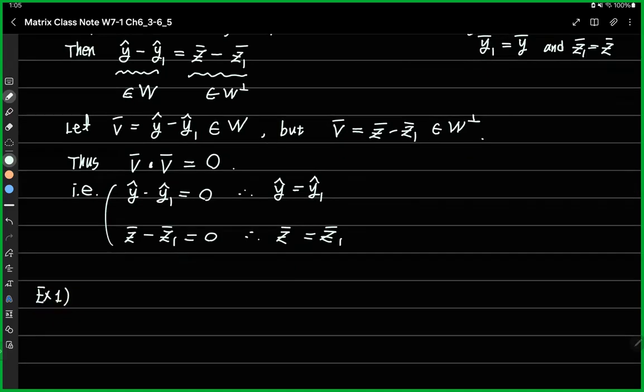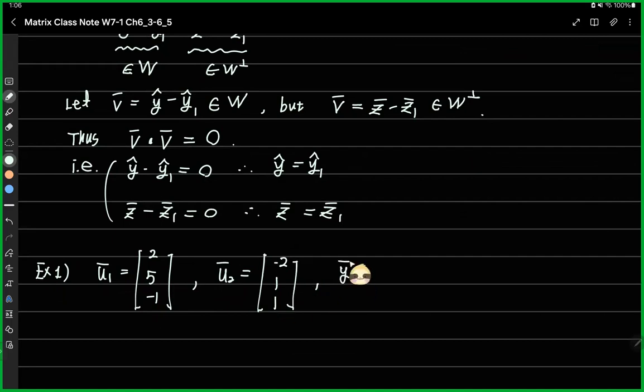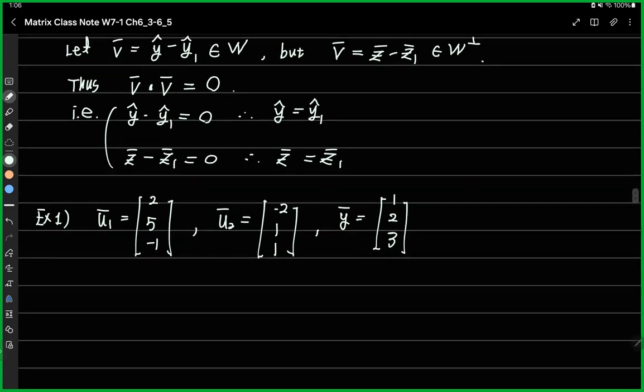Okay, so let's see an example. That's example 1 in the textbook. Let's say U1 is given as the column vector 2, 5, -1, and U2 is -2, 1, 1, and Y is given by 1, 2, 3. All right.